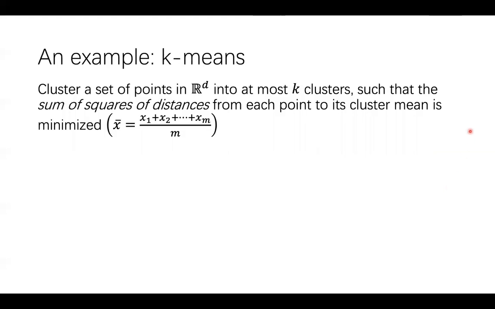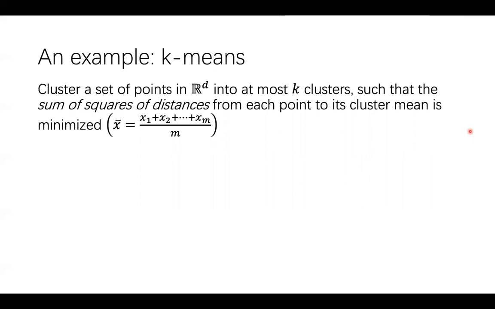And here's a more abstract example called the K-means problem, which is one of the most famous problems in real-world clustering. So in the input, we are given a set of points in Euclidean space, and our goal is to cluster them into at most k clusters.